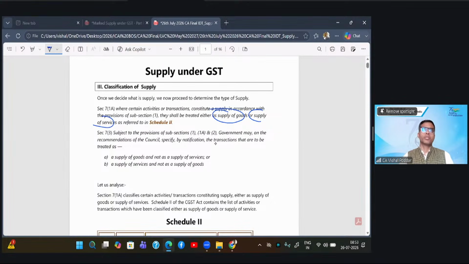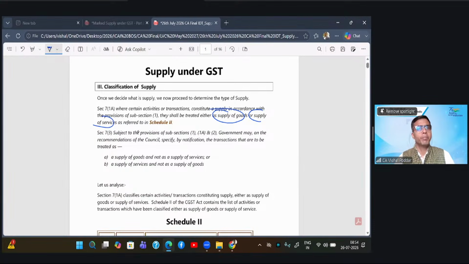In many procedural provisions like registration, raising of invoice, e-invoicing, there is a requirement to determine whether what you are doing is supply of goods or supply of service.